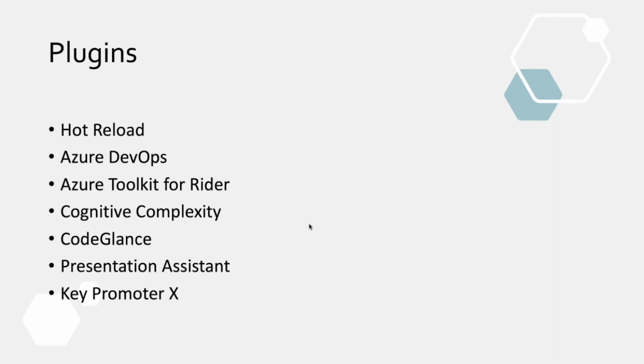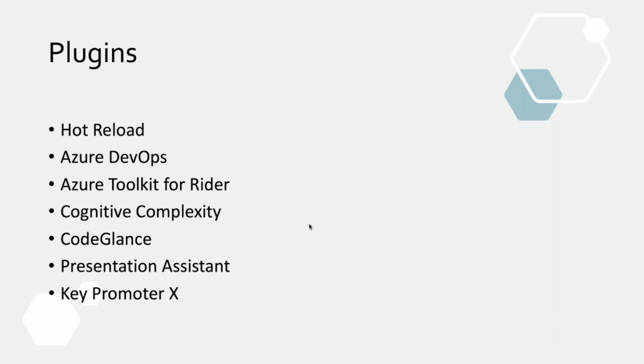Code Glance is a nice little utility that shows in the sidebar on the right-hand side of the screen and gives you a bit of a pictorial view of what your file structure looks like, very similar to what Visual Studio Code gives you, or something like Sublime.